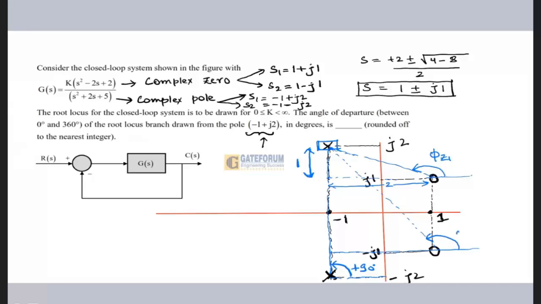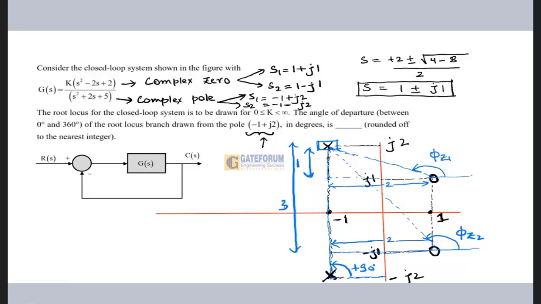This will be phi z2. This is also greater than 90 degrees, which means the angle would be lying in the second quadrant. Here the distance between this pole and this zero is 3, because this particular part is j2 and this is j1, so 2 plus 1 is 3. And this will remain 2 because the distance between -2 and +2 is 2 only.